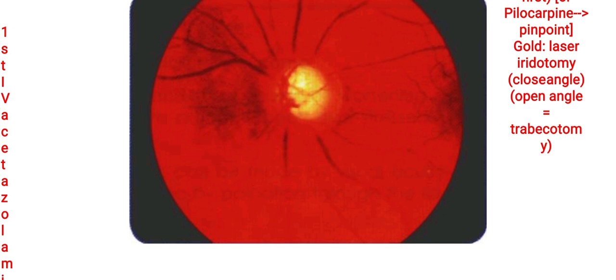In open angle, because the angle is already open, the symptoms will be gradual, as compared to closed angle where they are acute. Open angle can be diagnosed by tonometry, while closed angle glaucoma we diagnose by gonioscopy.